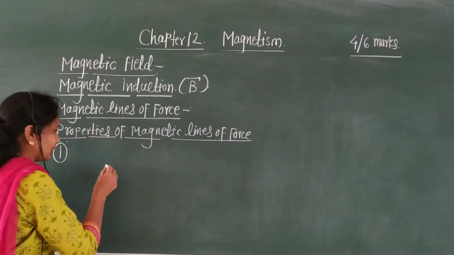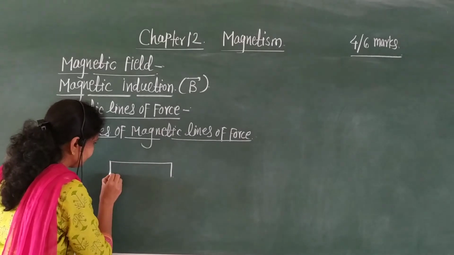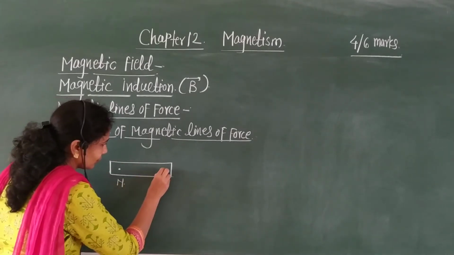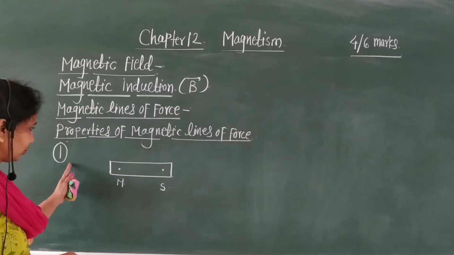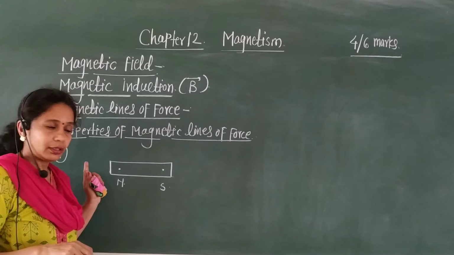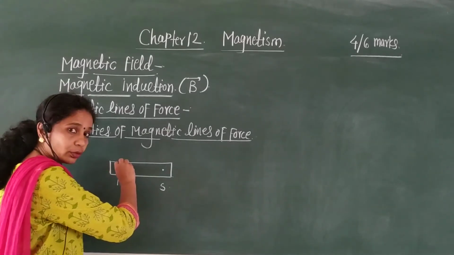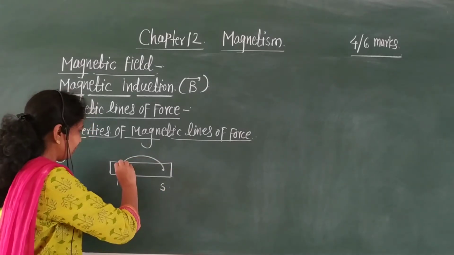Say this. Suppose this is the bar magnet. This is North Pole. This is South Pole. What is the first property? Magnetic lines of force start from North Pole and end on South Pole. Okay, like this.